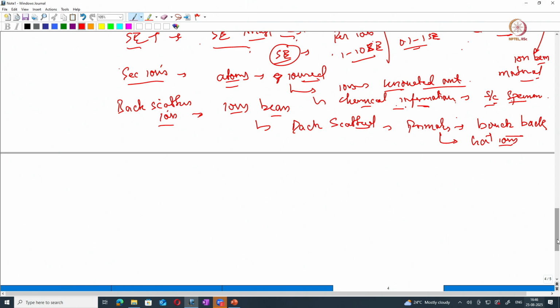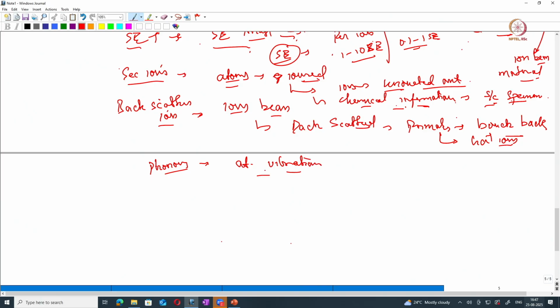Due to the interaction of these gallium ions with the sample, you can also generate heat on the sample surface. These are termed as phonons. These can create atomic vibrations or waves in the sample, which has a certain crystal structure, and they represent the form of heat generation into the sample surface.